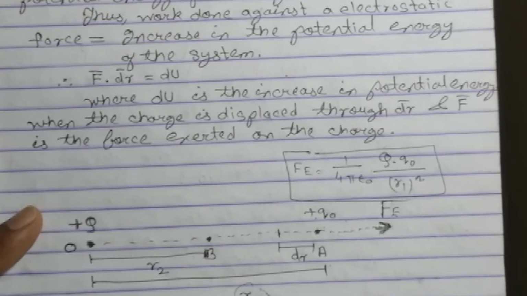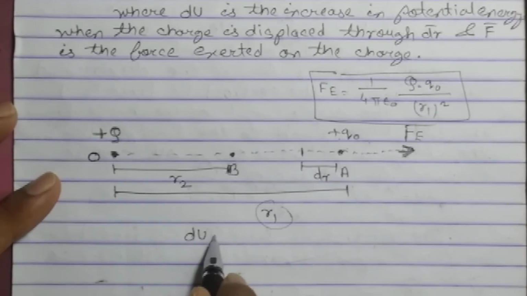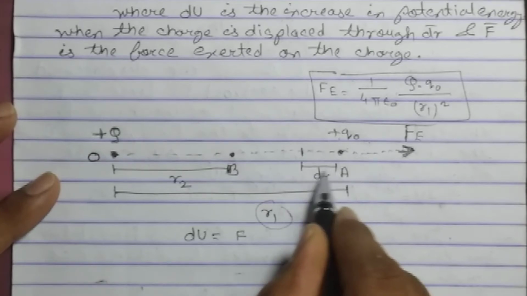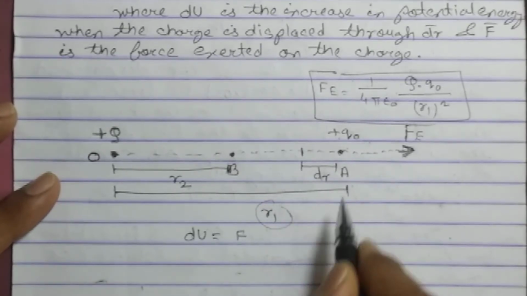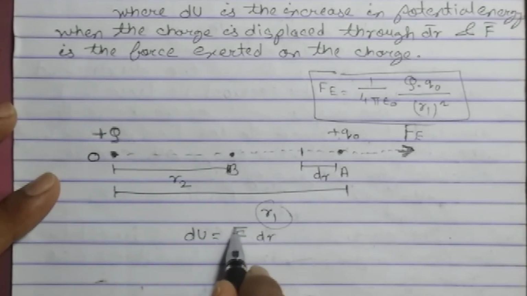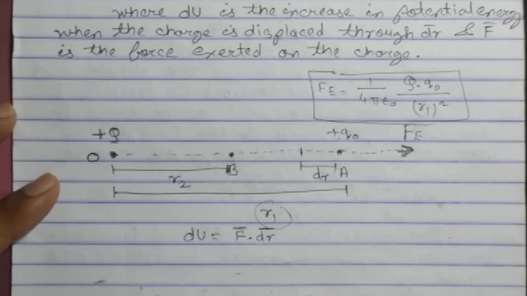Then according to the definition, this work done, what is the formula for work done, students? Force into displacement. What is the displacement we consider here? We consider here small displacement dr. Okay. So dU is given by F vector dot dr vector. Okay, students.